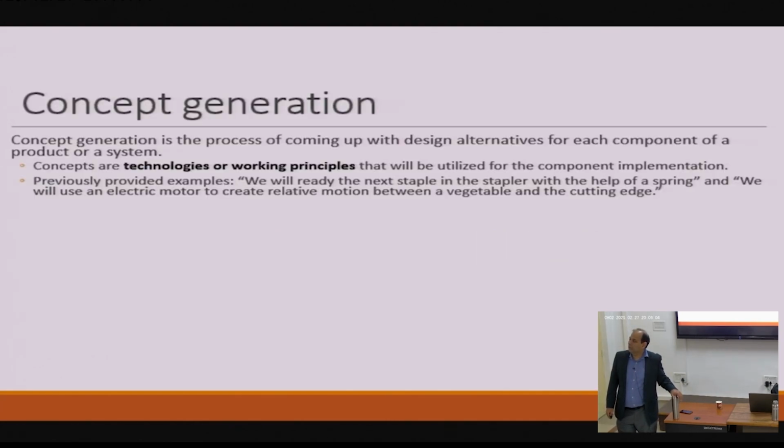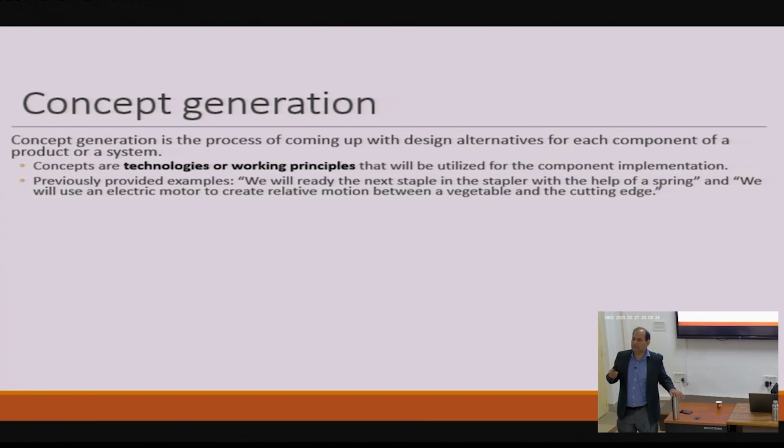Okay, so concept generation. We talked about this being a process of coming up with design alternatives for each component of a product or a system, right? If you think about the functional diagram that we had, of course, it's good to have something that accepts energy and converts something into something else, or staples a paper, or peels a vegetable, or senses if some task has been accomplished in the system.